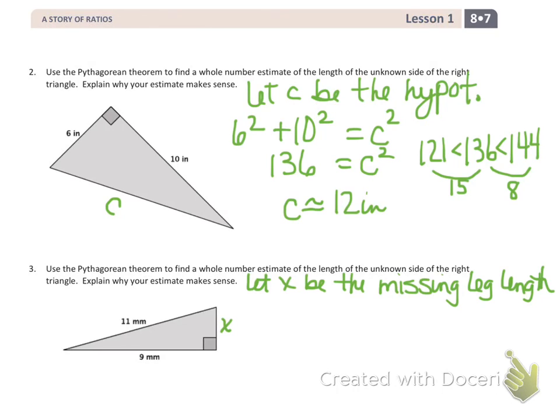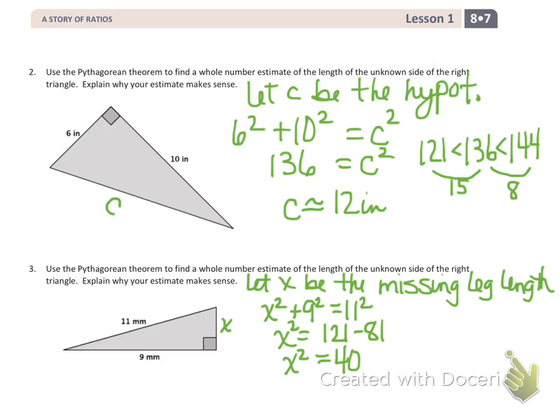So if I use the Pythagorean Theorem, I'm going to have x squared plus 9 squared is equal to 11 squared. So I'll have x squared is equal to 121 minus 81. Whoops, x squared. So x squared is equal to 40, which is not a perfect square.